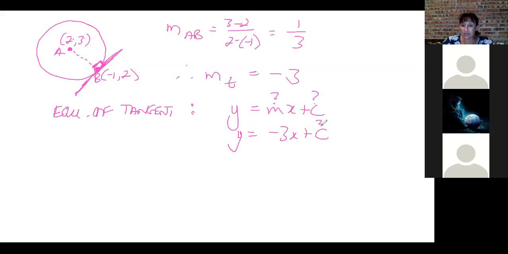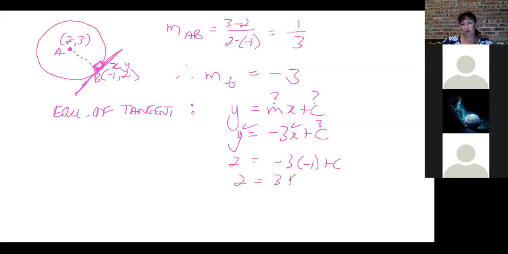I still need to find c, but if I want to find c, I need to have an x and a y. In other words, a point on the curve. In other words, the curve being a straight line. And there is my x and my y. Y is 2 and x is minus 1. Right?